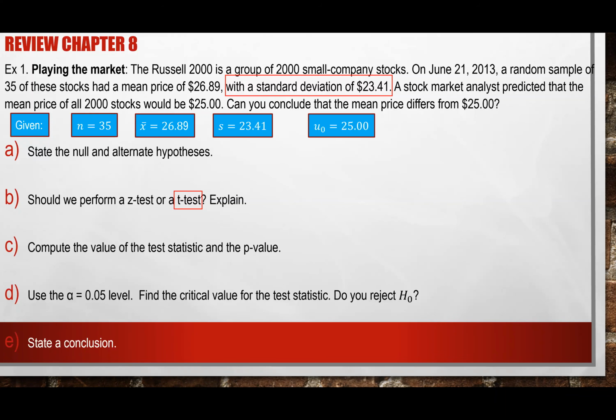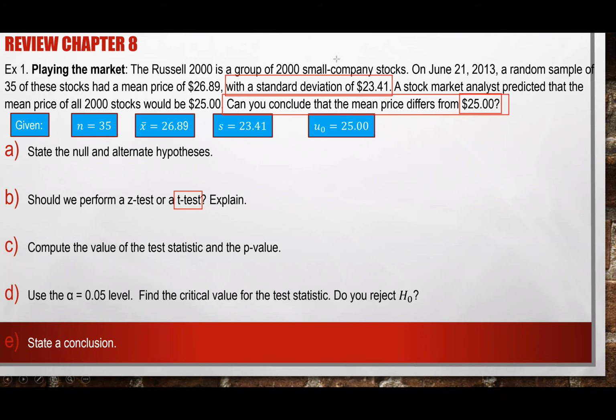Some students might ask, how do we identify what this mu sub 0 is? 90% of the time, the question they ask you is this: can you conclude the mean price is different from whatever this specific value is?